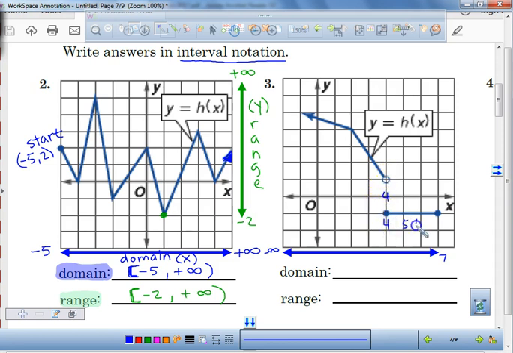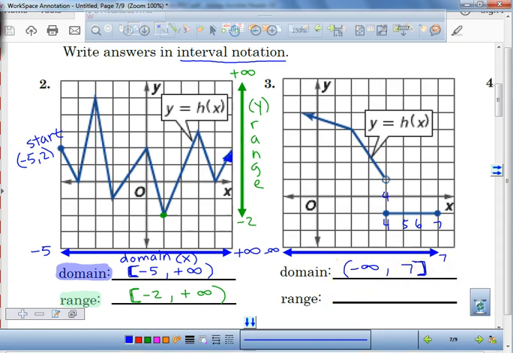And 5 is plotted, and 6, and 7. So technically, the domain starts going towards negative infinity, and it travels all the way to the number 7, and it includes the number 7, so that's why we use a hard bracket for 7.